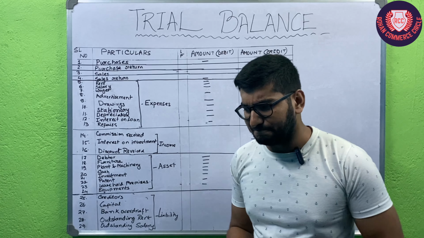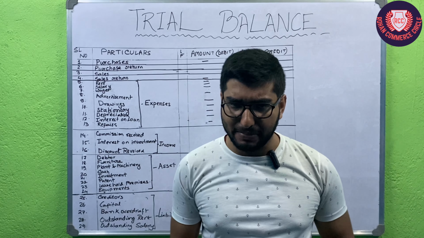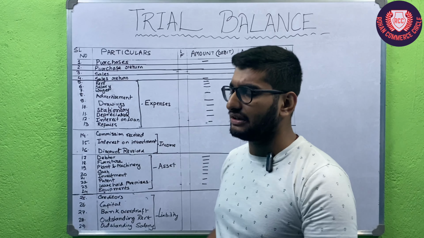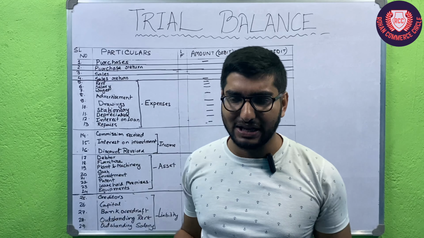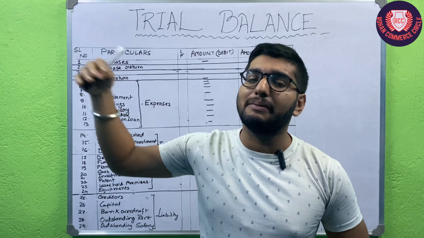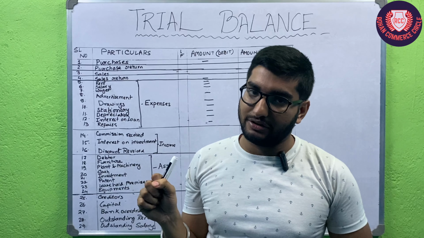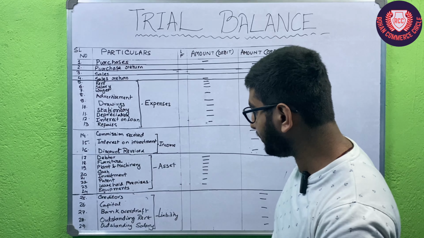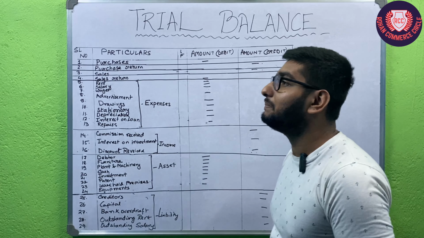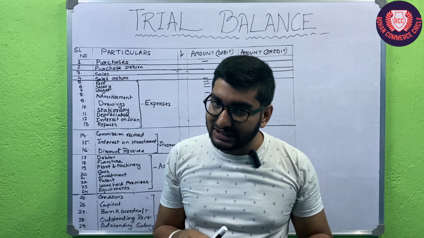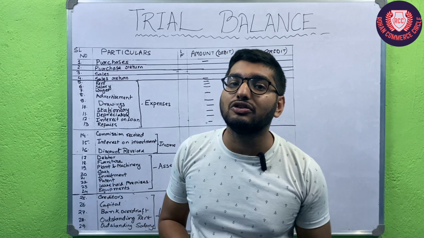What is a patent? Patent means you have a brand, and suppose you have a branch in some place and you are extending the branch to another place and you are taking money for that. So that is basically a patent. Okay. What is leasehold premises? That means you have a land and you are giving that land on lease.